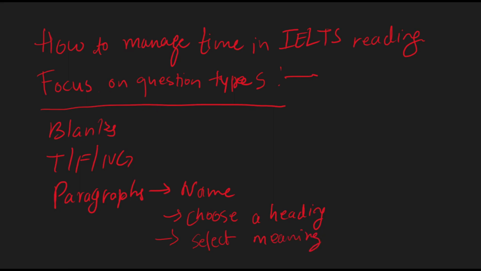So they'll give you a paragraph and tell you, these are things that you have to do, and then you have to select a meaning in the sense of what defines this paragraph. This is not the same as the title because that would be a few words, maybe one, two, three. Meaning might be a little bit longer.